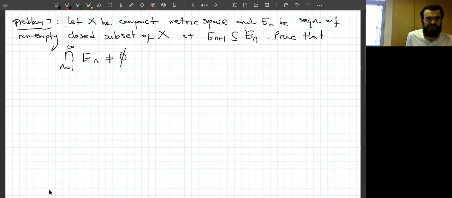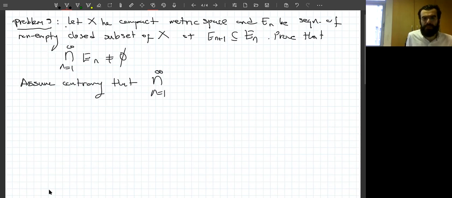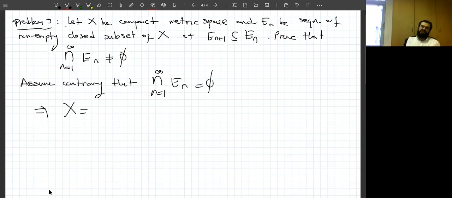Okay. Assume the contrary, that the intersection for n equals 1 to infinity of E_n is the empty set. So take the complement of both sides, implies X is the complement of the empty set, the union of E_n complement. So these are open sets.